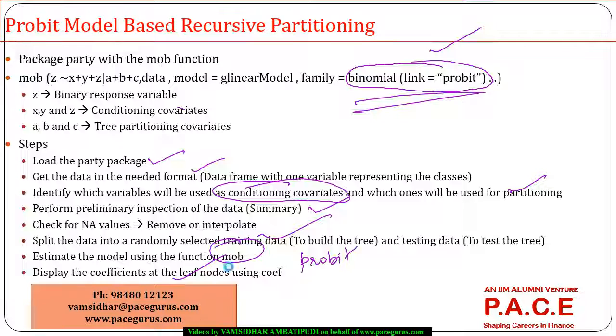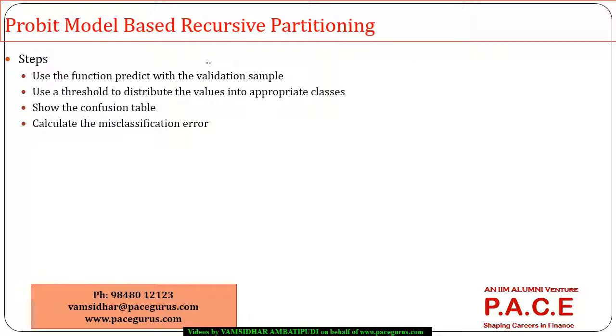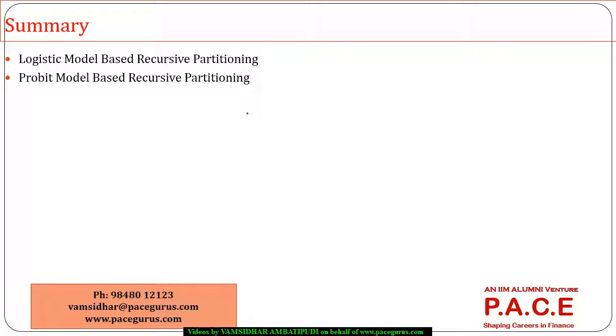We have got the coefficients of the model. Then we have taken a prediction on the testing data using the model, and based on that we have set the cutoff as 0.5. If the probability is less than 0.5, we'll categorize it as lost, otherwise we'll put it into the other group. Based on that, we have looked at the confusion matrix as well as the misclassification error rate or the accuracy rate of the model. So this is what I wanted to cover as a part of this session.